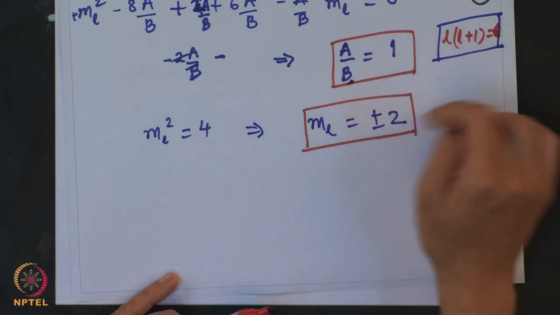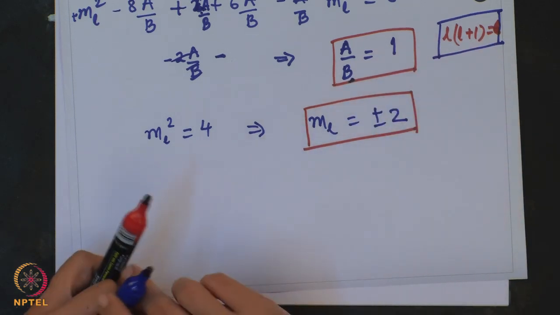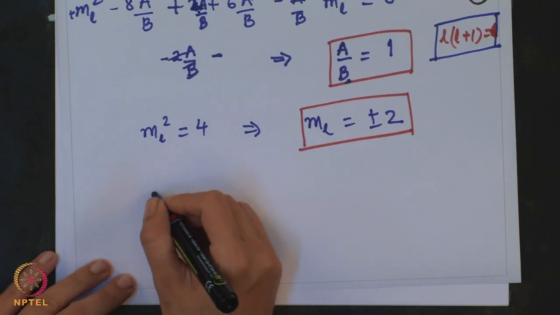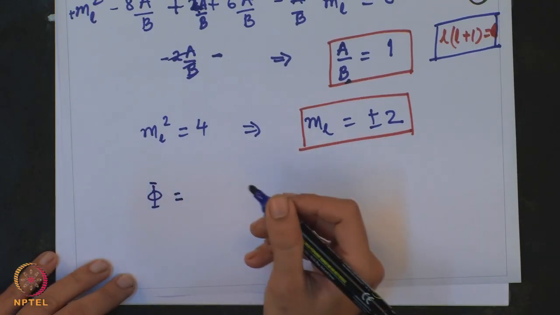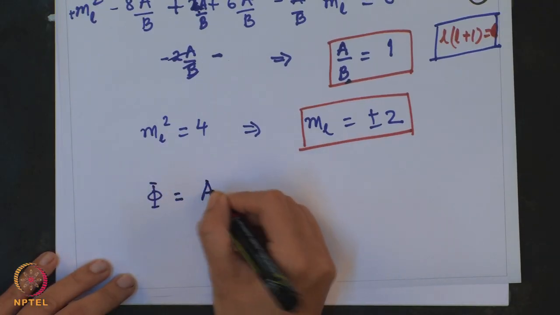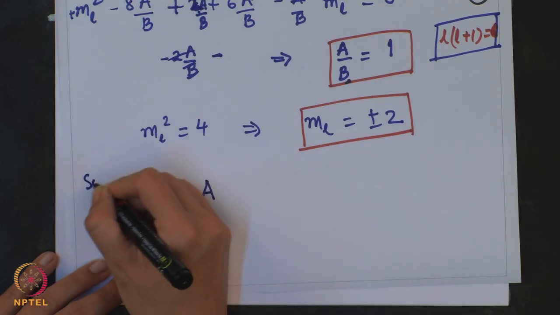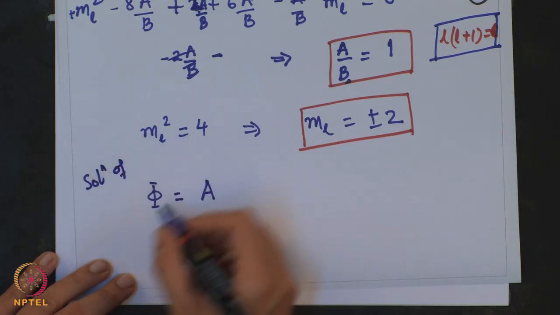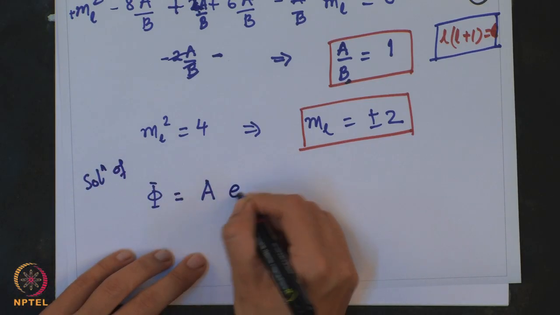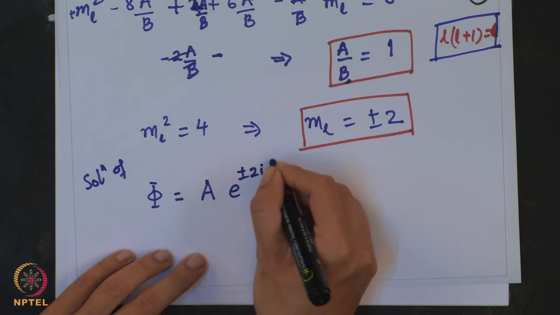So for this set of solution, one can obtain the solution of capital phi as phi e raised to plus minus 2I phi.